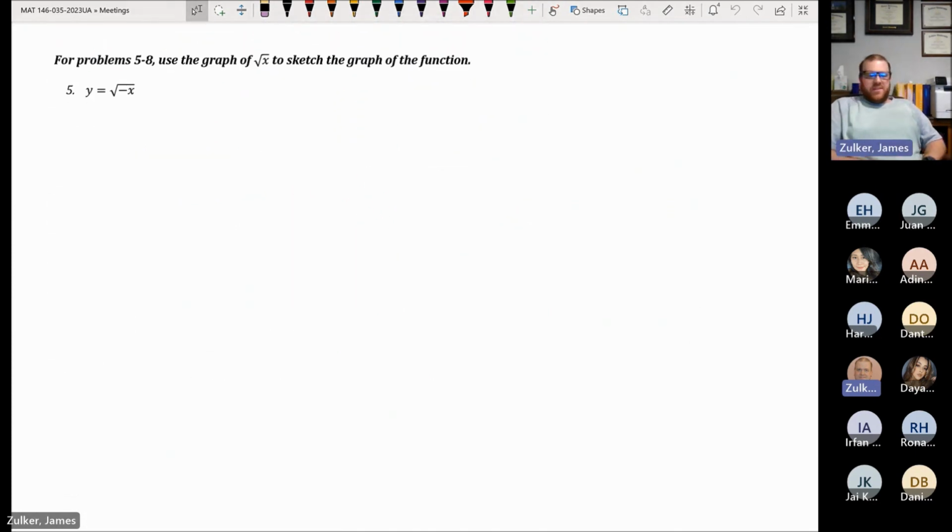The next one is going to deal with square root of x. Vertical stretch or compress. I will not be looking at that.